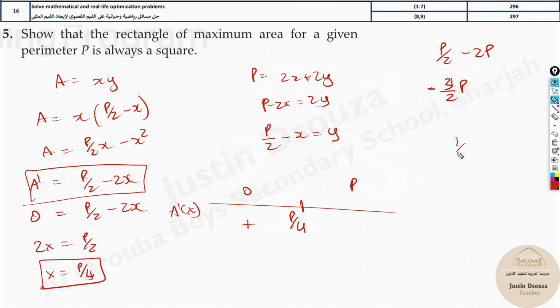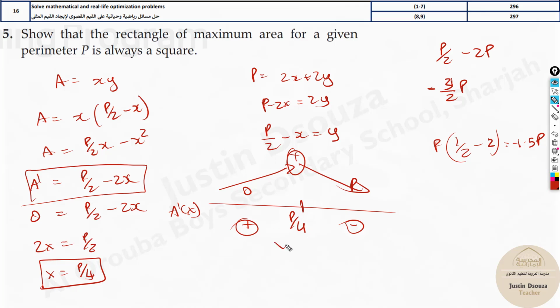We have P on both sides, so you can write P outside. So it's minus 1.5P. So it's minus here, plus and minus. So what happens? It increases, then decreases. So it's maximum area, right? So at P by 4, we get maximum area.